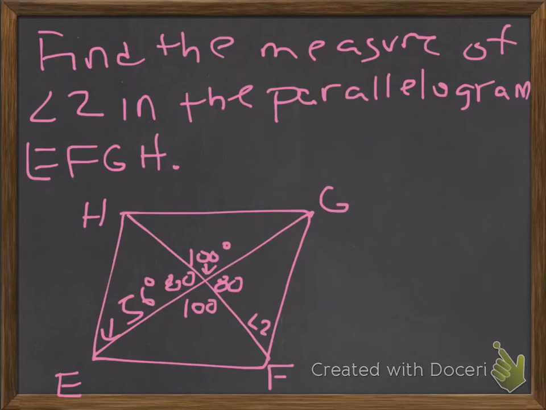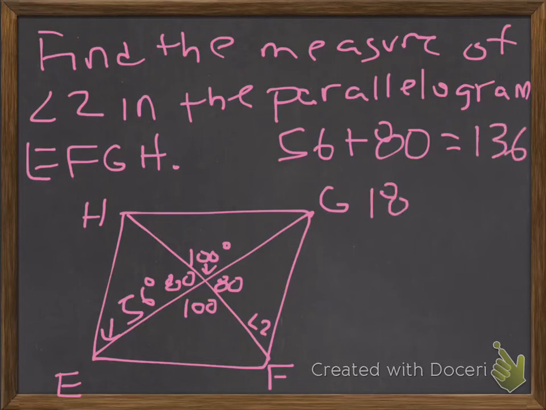Now we're given 2 out of the 3 angles of a triangle. So if we add 56 plus 80, and subtract that from 180, so 136, 180 minus 136 gives us 44. So that would be here.